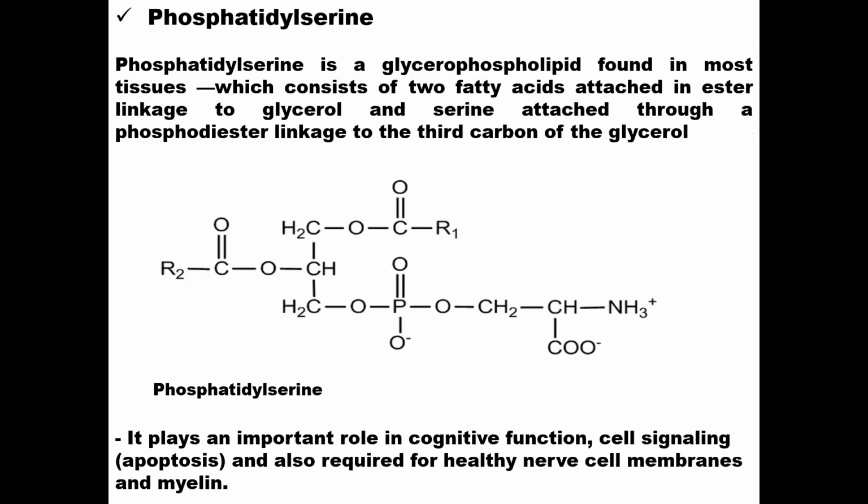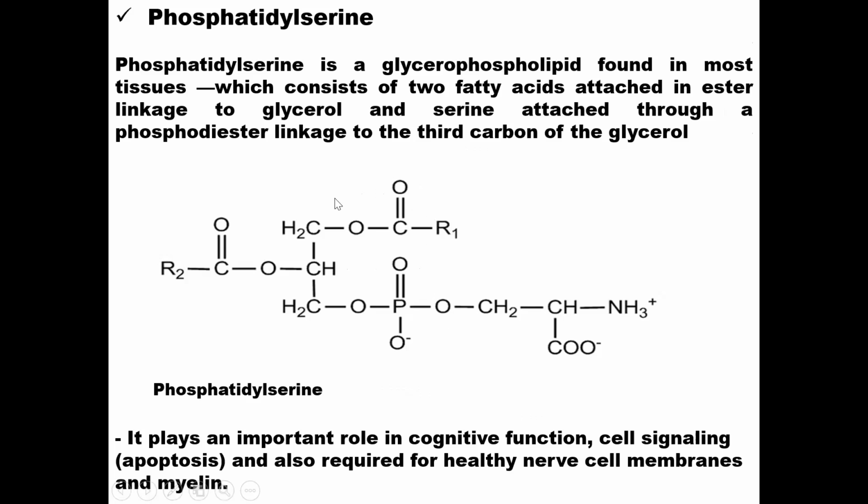So we have what we call phosphatidylserine. Phosphatidylserine is a glycerophospholipid found in tissues, which consists of two fatty acids attached in ester linkage to the glycerol, and also serine attached through a phosphodiester linkage to the third carbon of the glycerol.